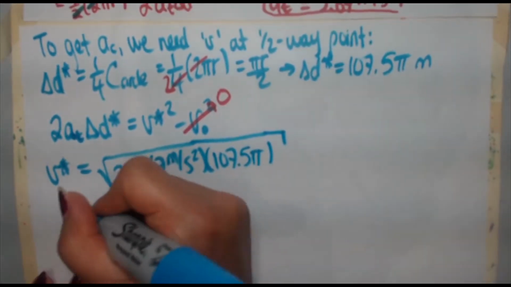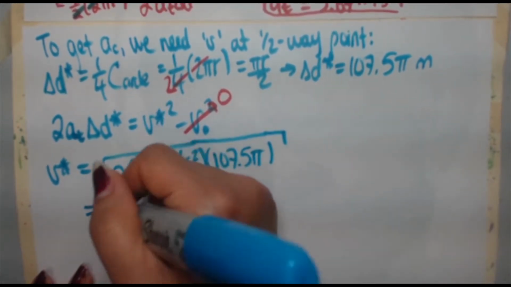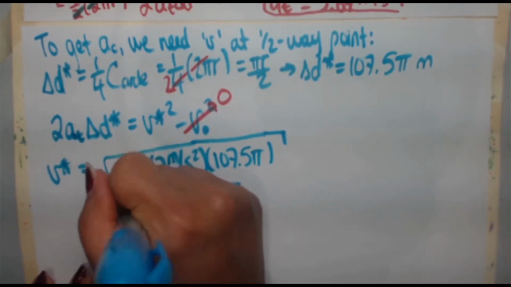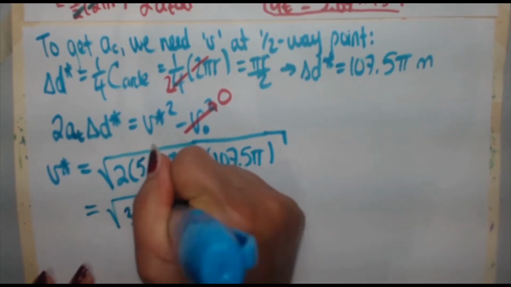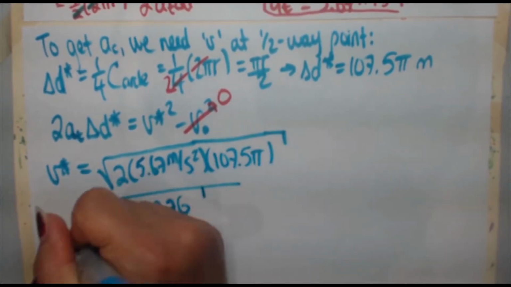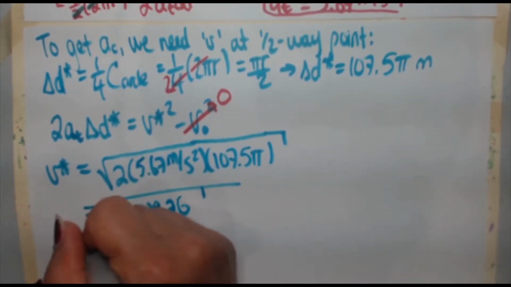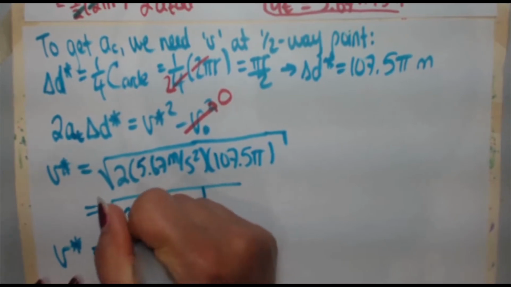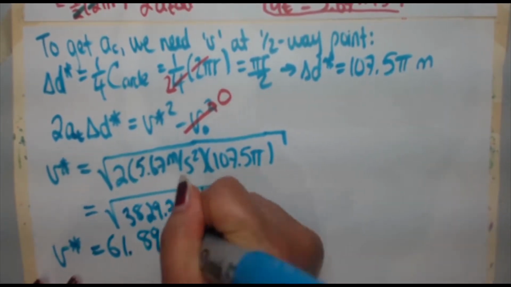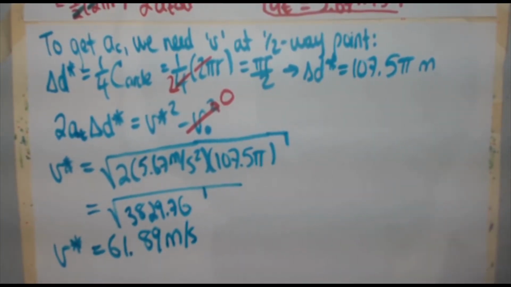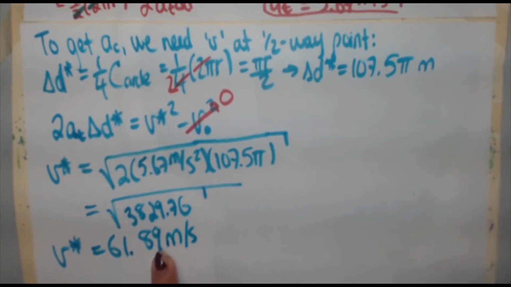Okay, punch those numbers in your calculator. You're going to end up with the square root of 3,829.76. Take the square root of that, and you're going to end up with v star, 61.89 meters per second.